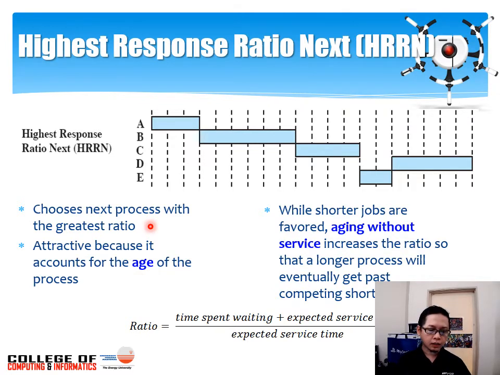The formula used bases the ratio on the time that it will spend waiting plus the expected service time required by the process, divided by the expected service time. For the following slide, we are going to look at how we do the comparison and choose the next process to execute.